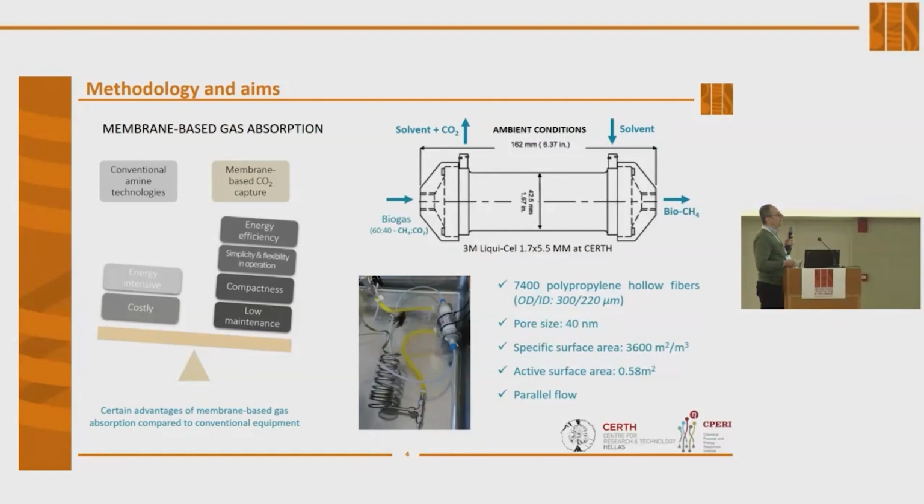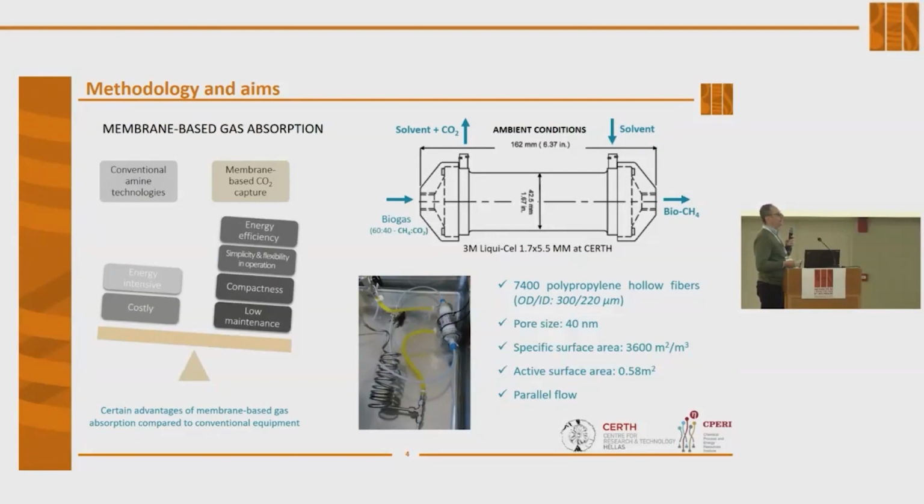For example, we have a compact system with a very high specific surface area. In this project, we were using a commercial 3M Liqui-Cel mini module, which has more than 7,000 hollow fibers, offering a specific surface area of 3,600 inverse meters, which is at least 4 times that of conventional equipment.